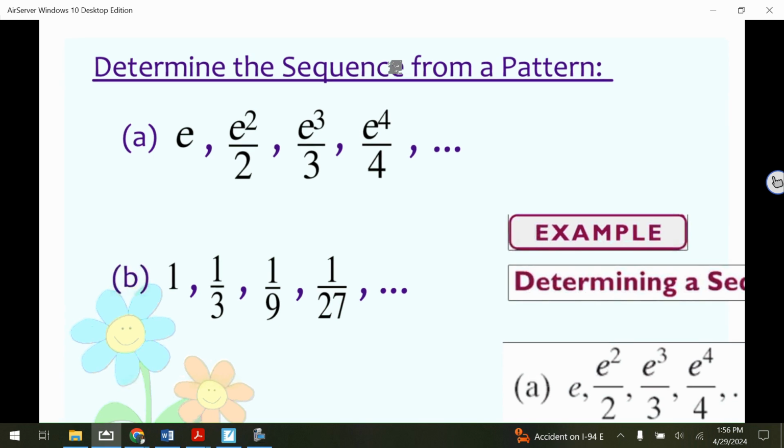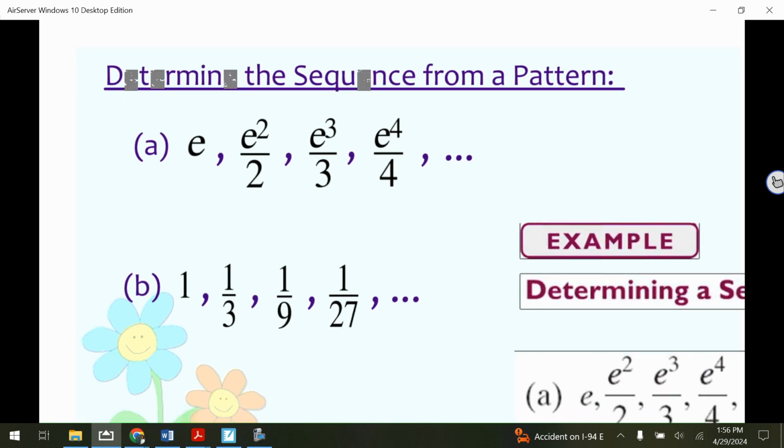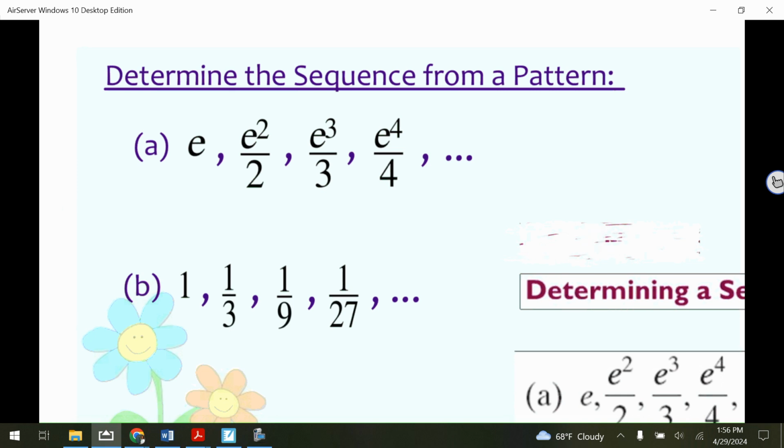So now we're going to be determining the sequence from a pattern. So what I am going to be doing is developing, here, I'm just going to block this stuff out so I have a little more room, is trying to determine a pattern and write an equation that helps me to determine this pattern.